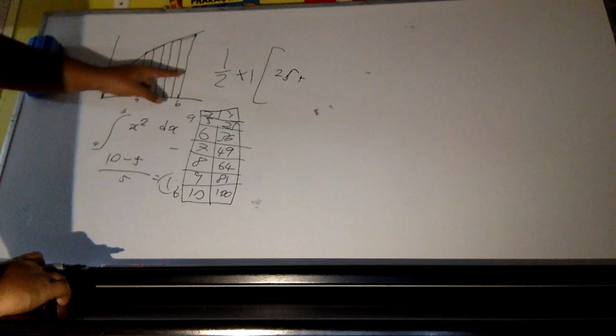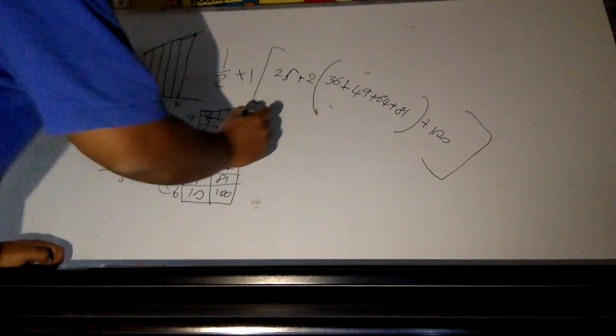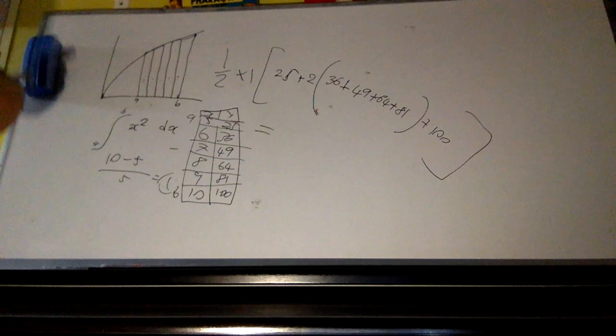But only 25 and 100 are single values, not double. So you put a 2 bracket 36 plus 49 plus 64 plus 81, and then you bracket that, and then you plus 100 at the end, and that whole thing times this. So in the end you'll get a value.